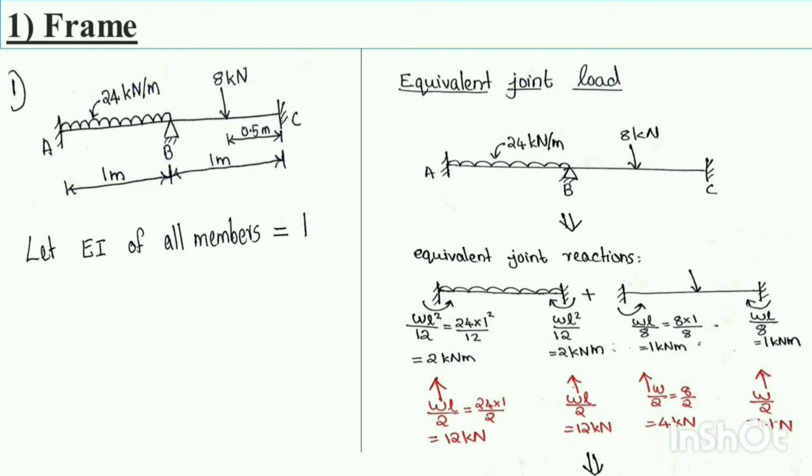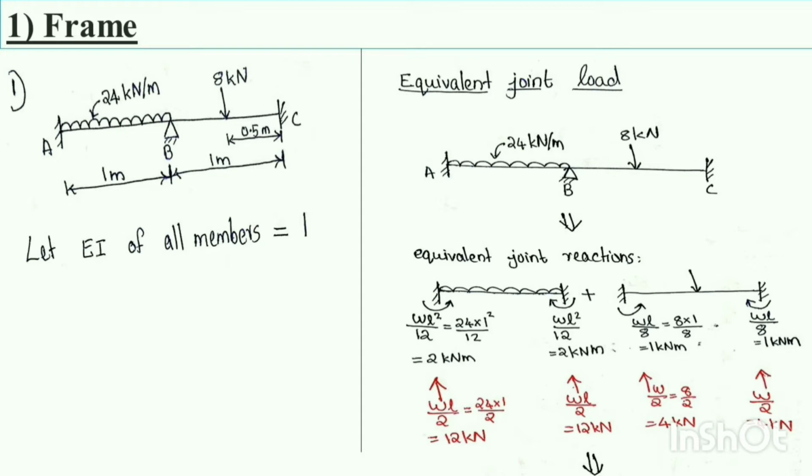First we have to find the equivalent joint load. Equivalent joint load means the force or the load acting on members are transferred to the adjacent joints. That is, here in span AB, a UDL 24 kN per meter is acting.